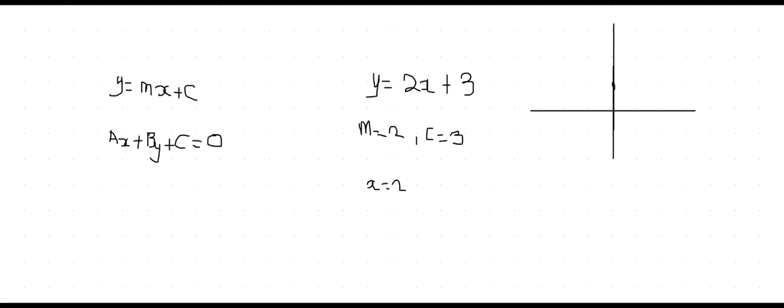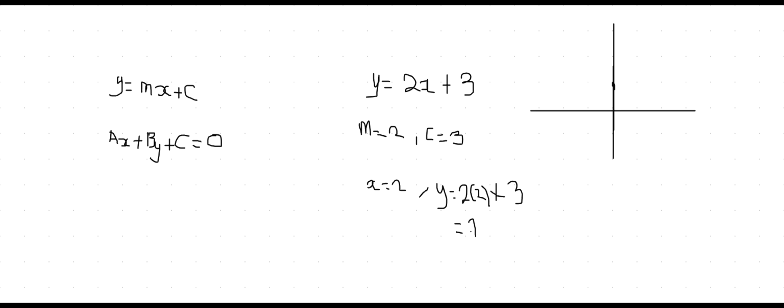So y is equal to 2 multiplied by 2 plus 3. 2 times 2 is 4, 4 plus 3 is 7. So when x is 2, y is 7.